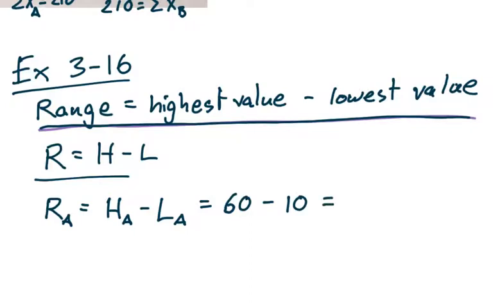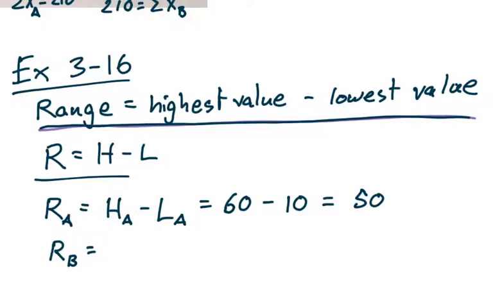And so what we get there is just 50 for the range. Okay, so the range is our first, most primitive measurement of how varied the data is. So basically, it is a measurement of how spread out the data is. And if you just take the highest value minus the lowest value, that is one obvious way of getting how spread out the data is.